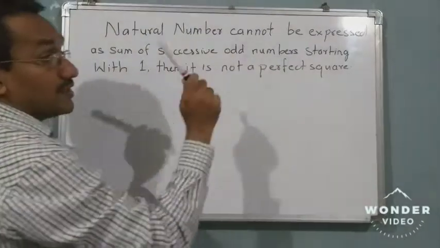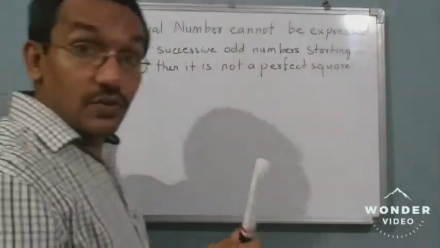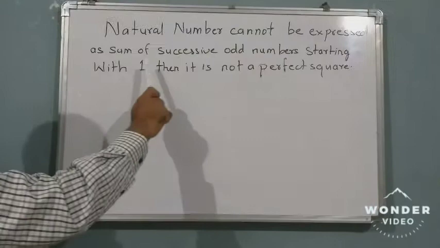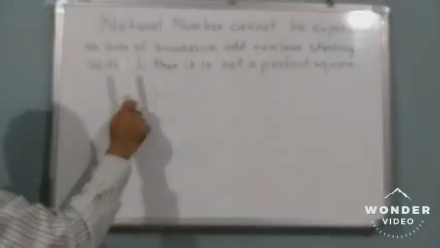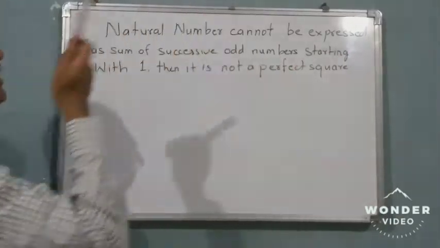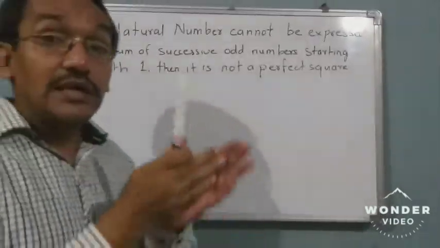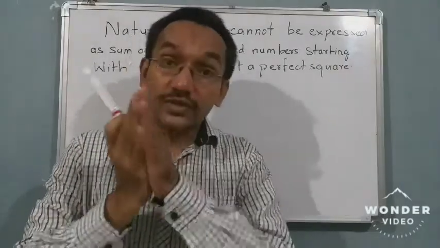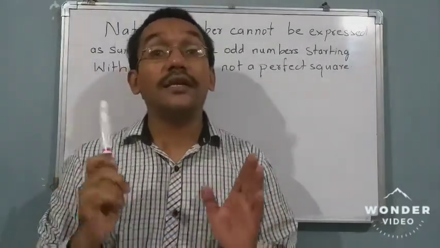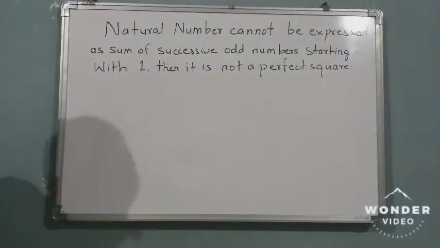Then it is not a perfect square. The converse is also always true: if it can be expressed as a sum of successive odd numbers starting with 1, and we finally get 0, then it is a perfect square. Let's watch.